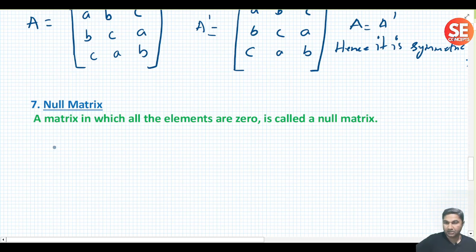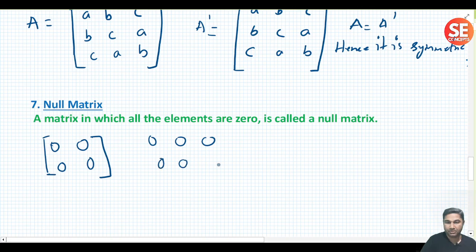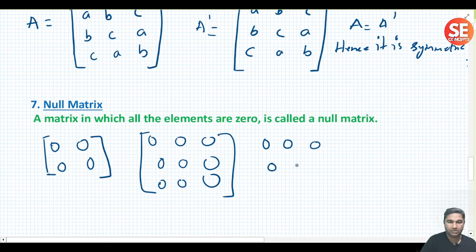Simply you can say 0 0 0 0. It is a null matrix. Null means empty. 0 0 0 0 0 0 0 0 0. All the elements are empty. You can also write it in 3 cross 3. This is also a null matrix.